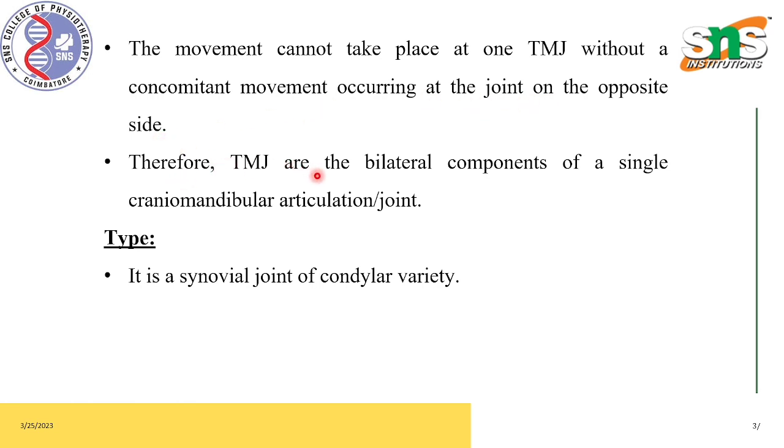Therefore, the temporomandibular joints are bilateral components of a single craniomandibular articulation. That means both the right articulation as well as the left articulation will be working together and functioning like a single joint. And coming to the type, the temporomandibular joint is a synovial joint of condylar variety.